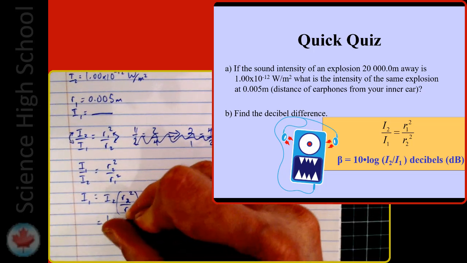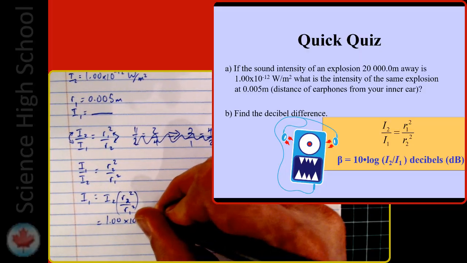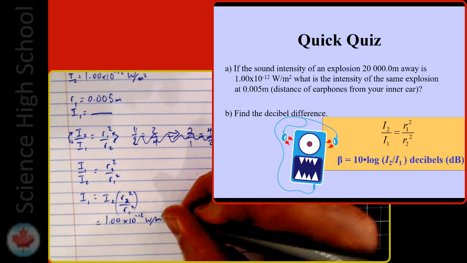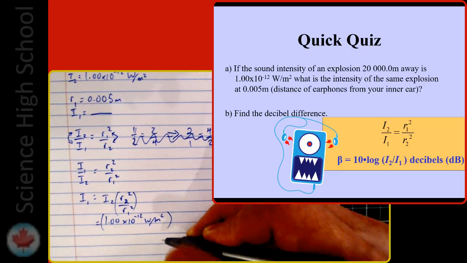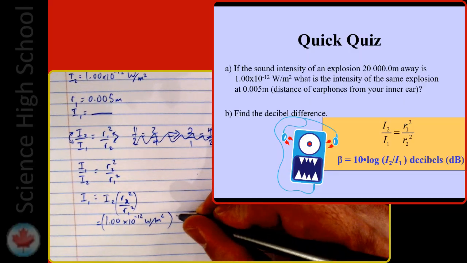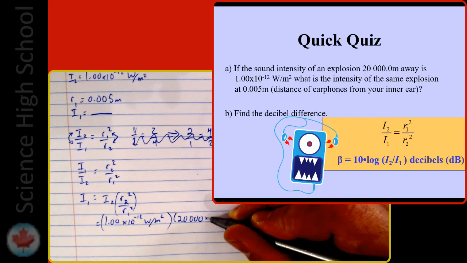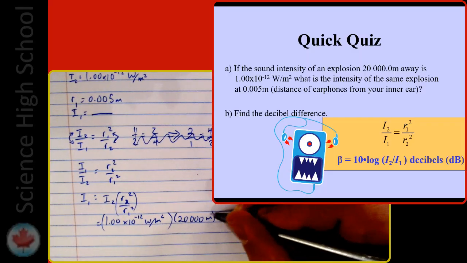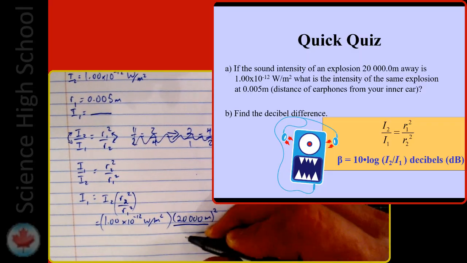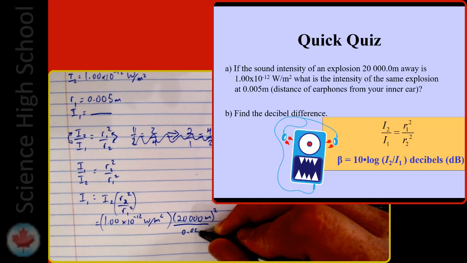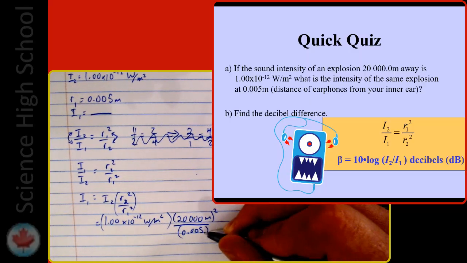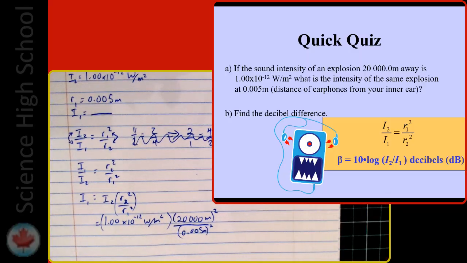I2 is 1.00 times 10 to the power of negative 12 watts per meter squared. R2 was equal to 20,000 meters. Don't forget to square it, divided by 0.005 meters squared.